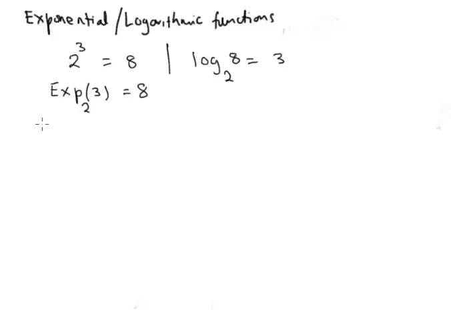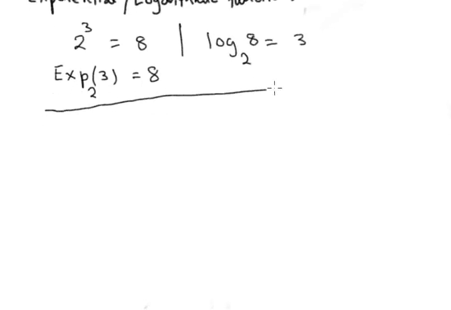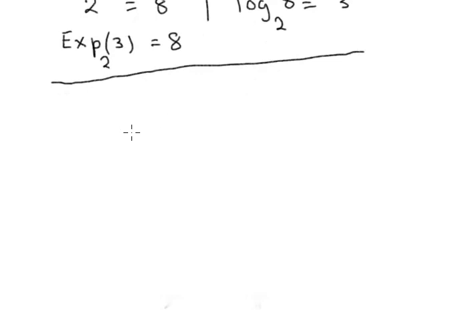So now, moving to general numbers, if we've got a base A, we remember that A is a number greater than 0 and less than 1, or a number greater than 1. We're not taking negative numbers there.